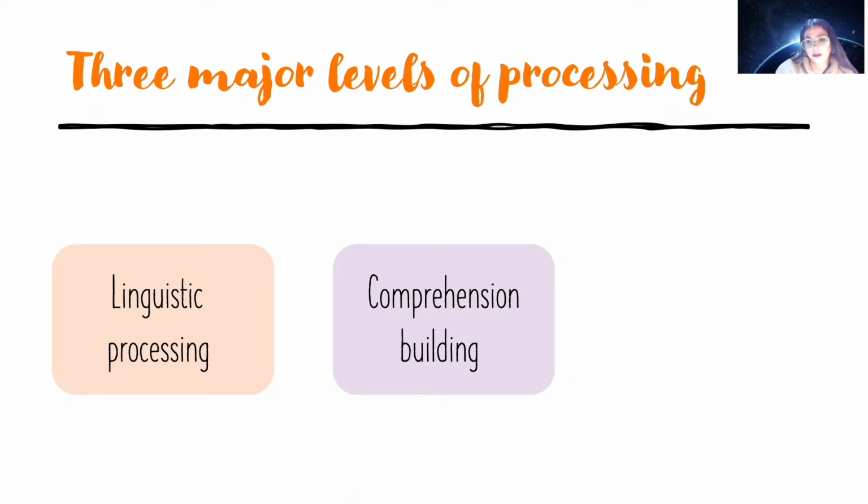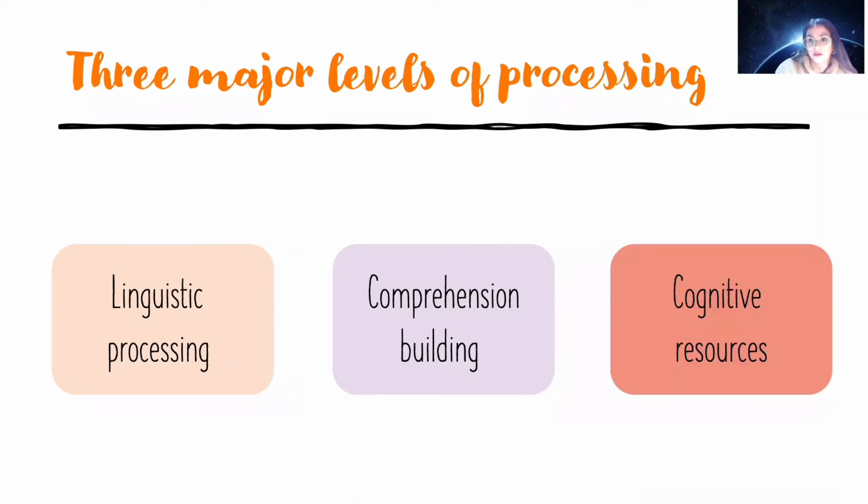And at the third level, a reader draws upon a wide range of cognitive resources, and some cognitive abilities include working memory, long-term memory abilities, motivation, goal setting, and others.